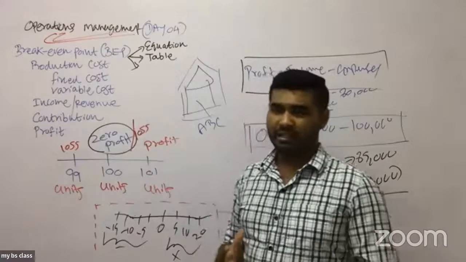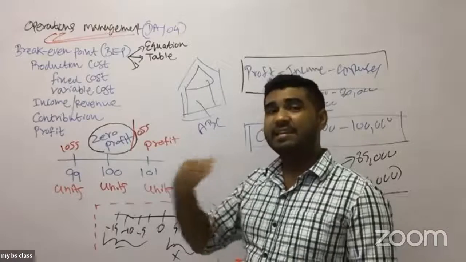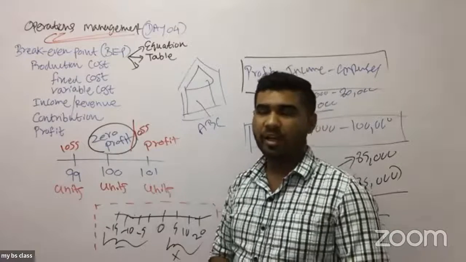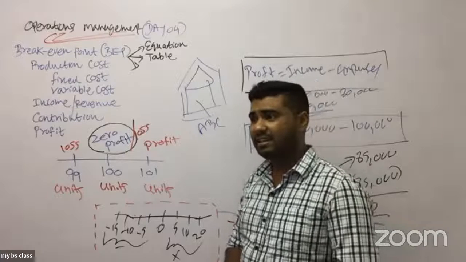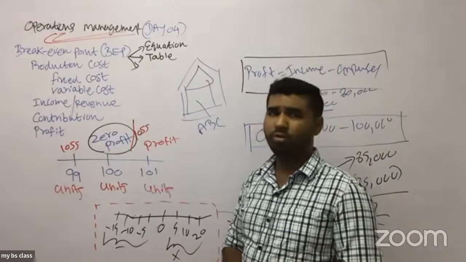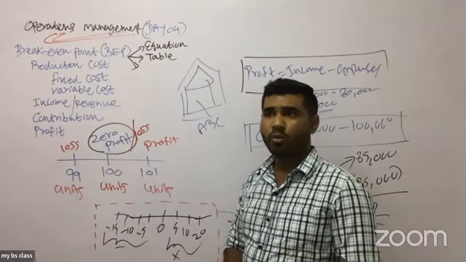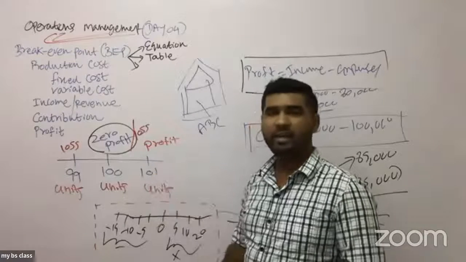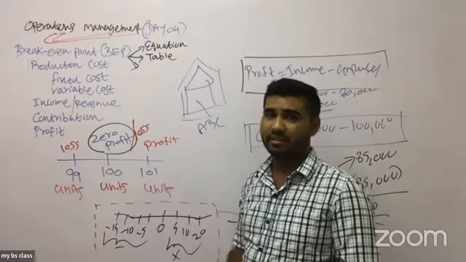For your information, achieving the break-even point sometimes it will take years for a company. If you think about a company like Amazon, yes, they started in 1997, but I think until 2004 or 5, they were earning losses, right? So where they reached the break-even point, somewhere after 5-6 years once they started operations.